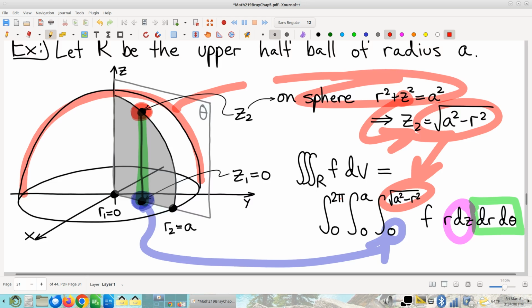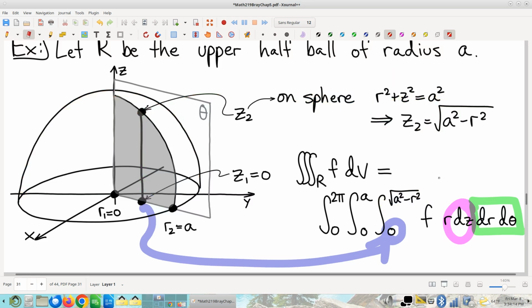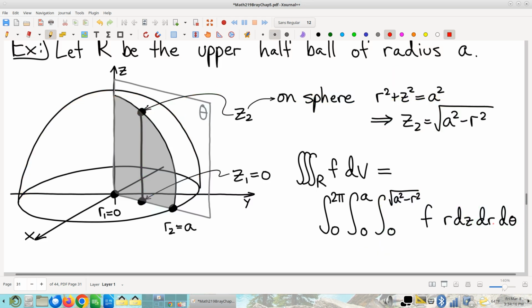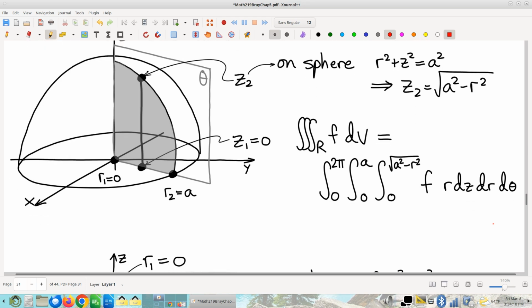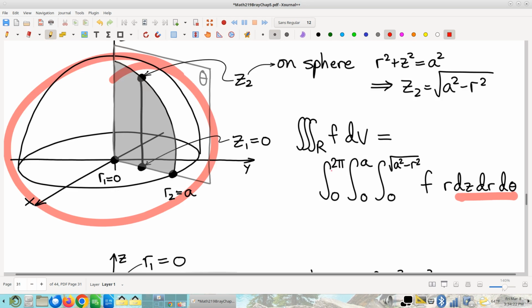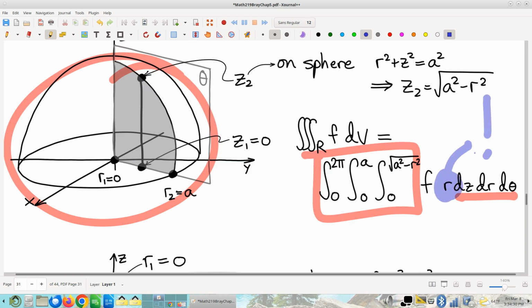Is everybody happy? Okay. Now, I didn't say so at the time, but let me point out, it was pretty easy to get distracted. We were thinking about the order of the differentials and the corresponding picture and all the bounds and the slices, and oh my gosh, did you notice it would have been pretty easy to lose track of that r, wouldn't it? So anyway, make sure you don't forget.